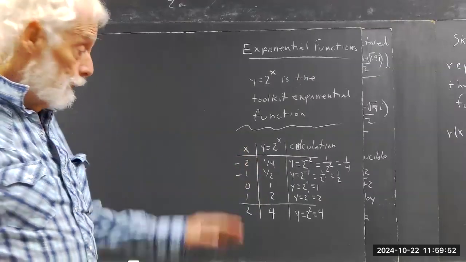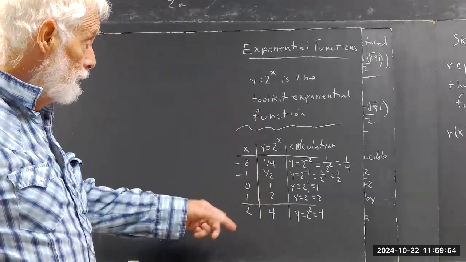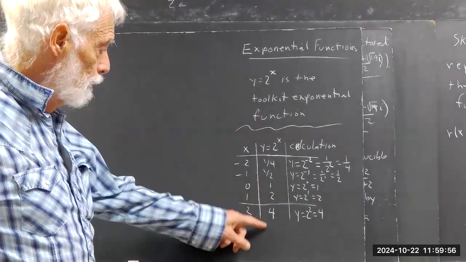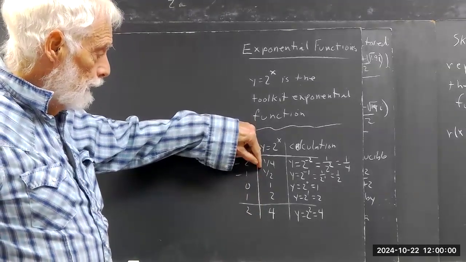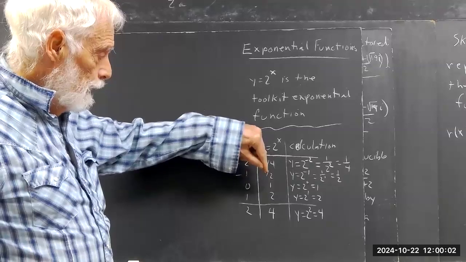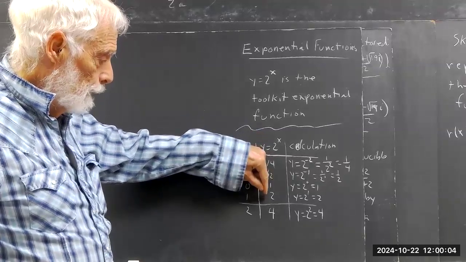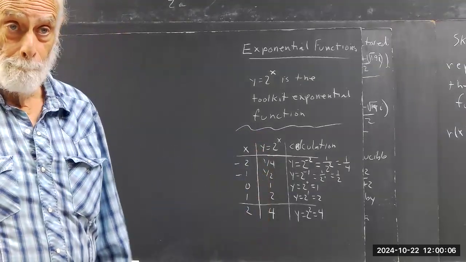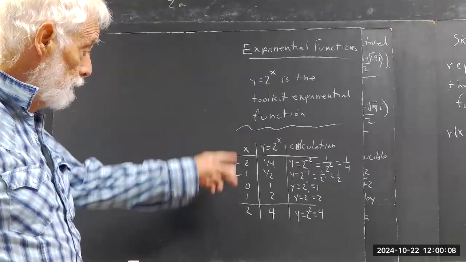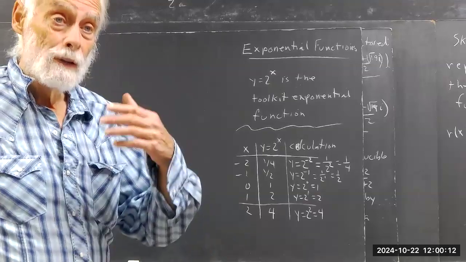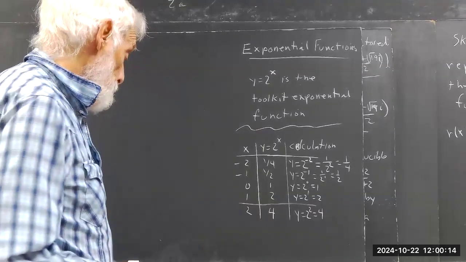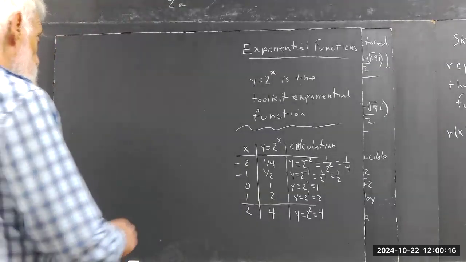These numbers just go down by half. If you double 1/4, you get a half. If you double a half, you get 1. If you double 1, you get 2. If you double 2, you get 4, right? So if you have consecutive integers down here, every row, the value of y is going to double. Now, what's that say about the graph?